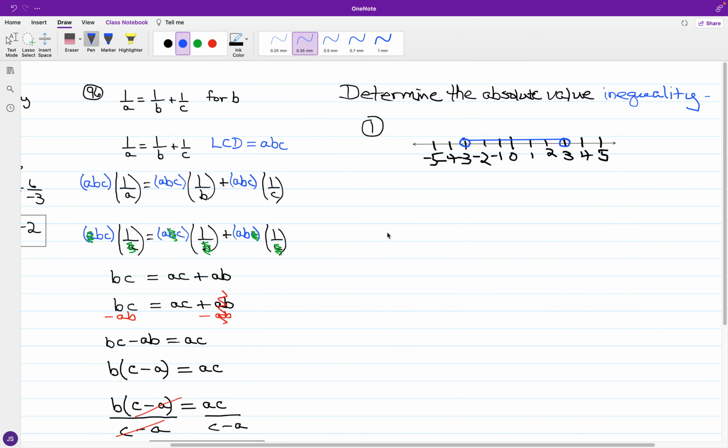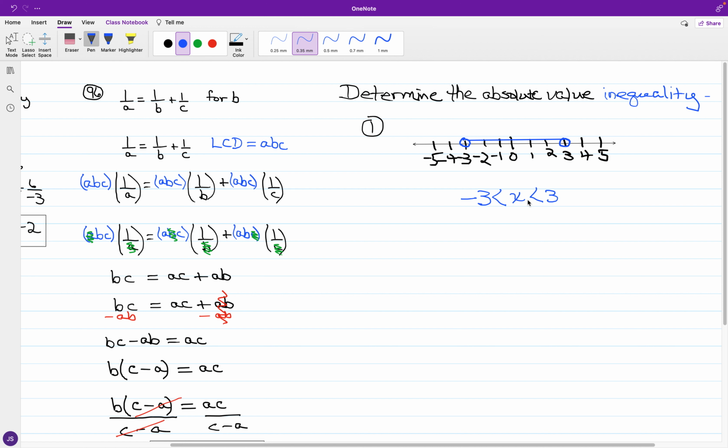So for the determination of the absolute value inequality, what I have directly is between negative and positive 3. So neither negative 3 nor positive 3 will be included. And if you notice the circles, negative 3 is 3 units to the left of 0, positive 3 is 3 units to the right of 0.